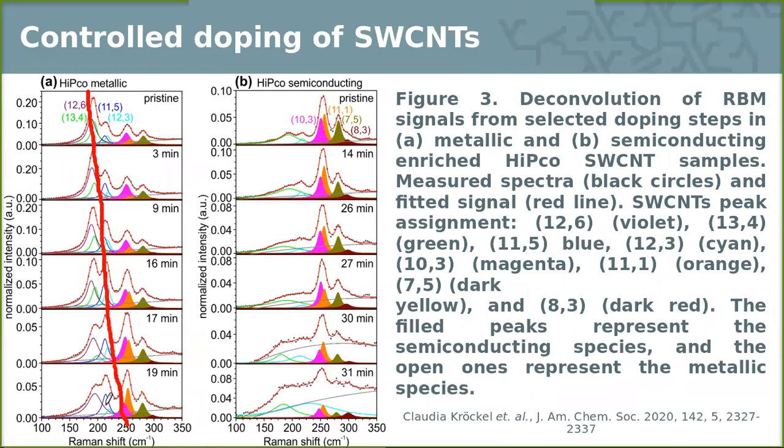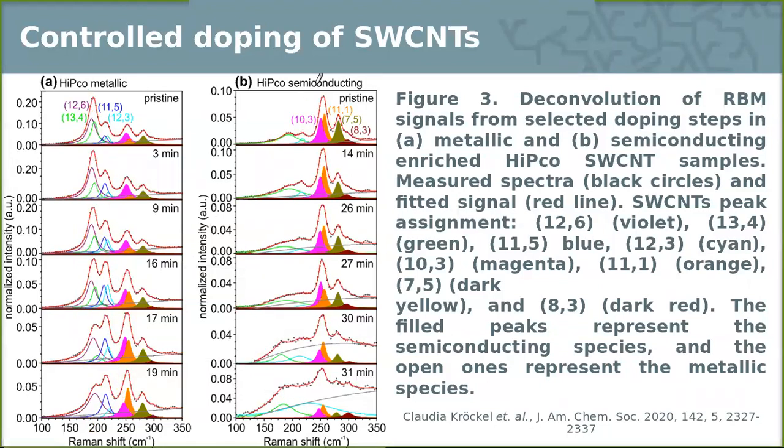The final position of these peaks is not exactly the same as at the very beginning. This is difficult to do, I'm doing my best. So if you see here, we have a shift from the original position of the RBM peaks to the very final step. That was our first indication.